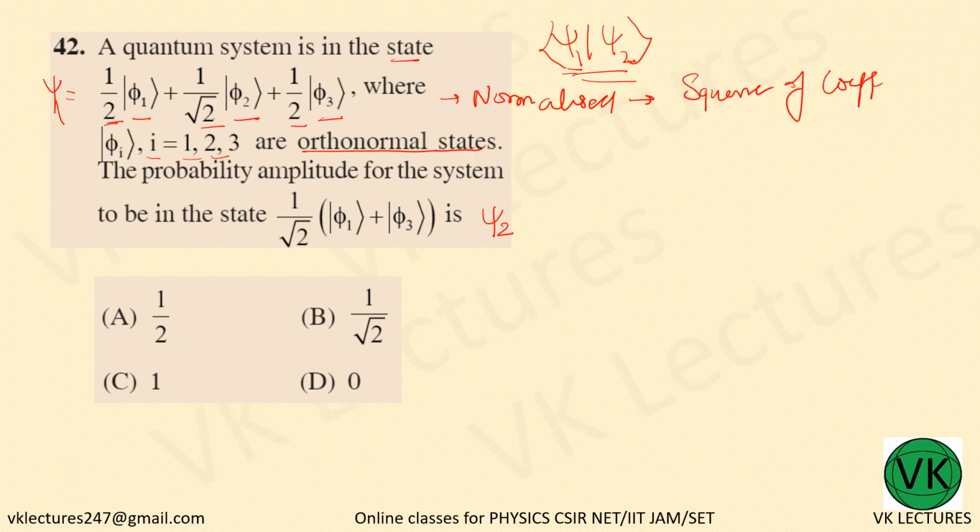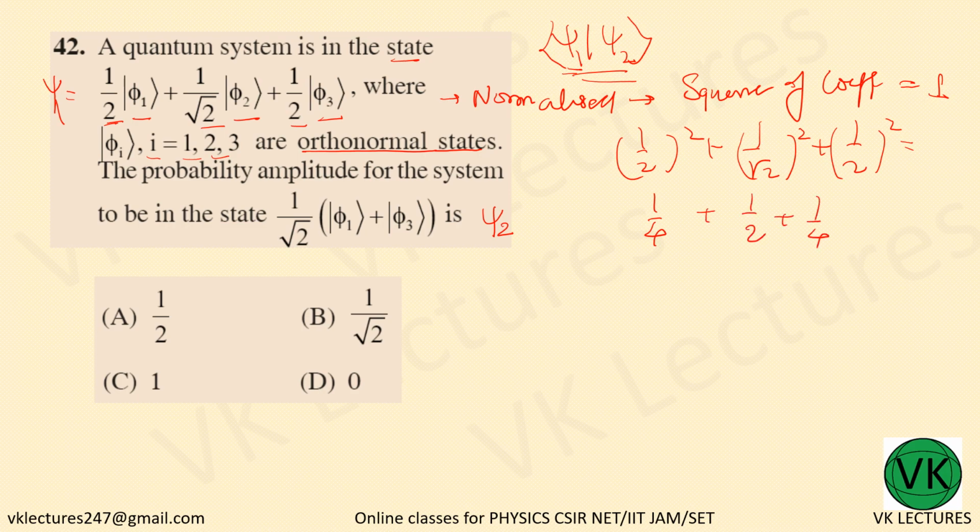So let us see, 1 by 2 squared plus 1 by root 2 squared plus 1 by 2 squared equal to 1 by 4 plus 1 by 2 plus 1 by 4. Half plus half, that's equal to 1. So this is normalized.